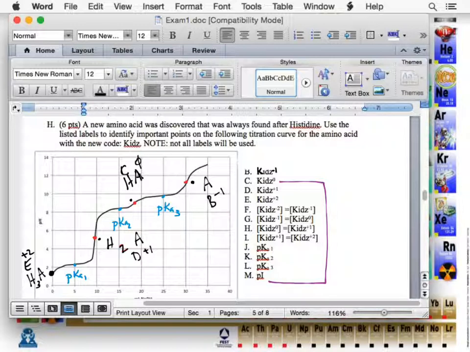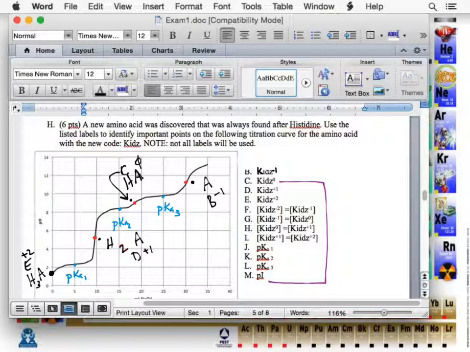To determine the PI, it is the point at which I am at KIDS 0. Where am I at KIDS 0? C. I'm at this point. How do I determine that point? The curve wasn't drawn perfectly nicely here, but which 2 pKa should I average?